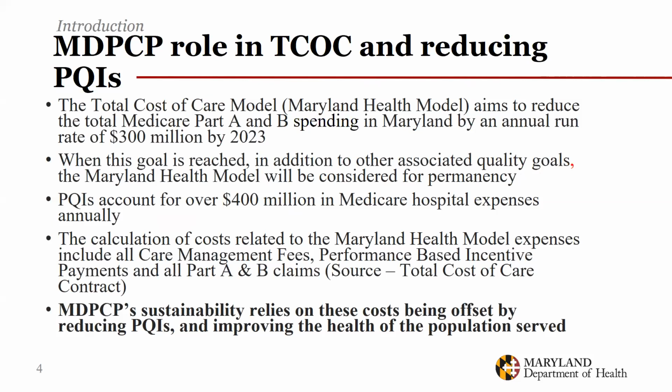We know that the investments are used for many, many other things besides just avoidable utilization, but that's a financial test for how effective those investments are. So MDPCP does rely on being able to offset the investments that are made in the program by the good work that's done, including avoiding unnecessary utilization.